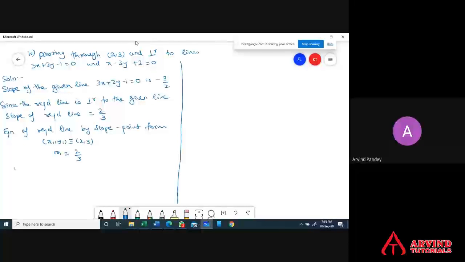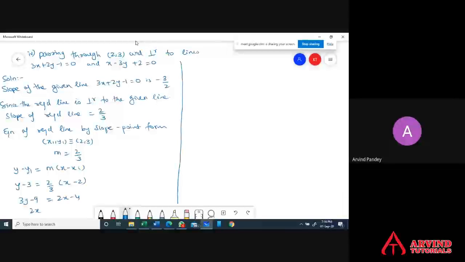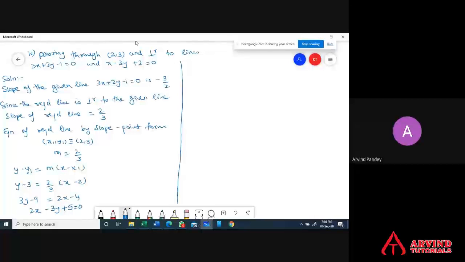Okay, so your formula states y minus y1 equal to m into x minus x1. So it is y minus 3 equal to 2 by 3 into x minus 2, that is 3y minus 9 is 2x minus 4. Collect the terms. So this is 2x minus 3y plus 5 equal to 0. Okay?